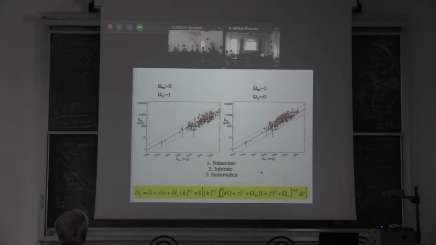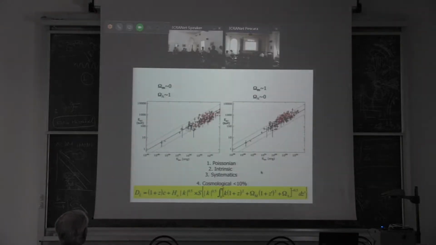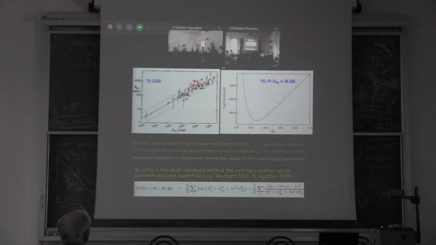And then if we study the trend of omega m with the scatter, we expect that when we pick the right cosmology, the additional scatter due to the wrong cosmology will vanish. And it was surprising to us that even in 2008, with only 70 gamma ray bursts, immediately we found a deep minimum at omega m 0.26, and we were really astonished, because there is not any assumption on this.